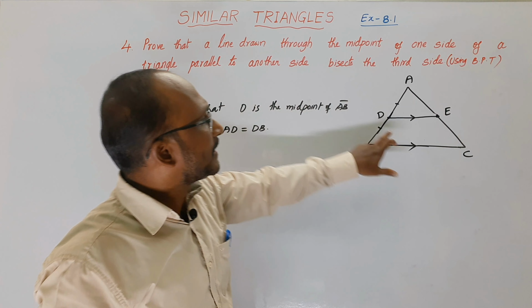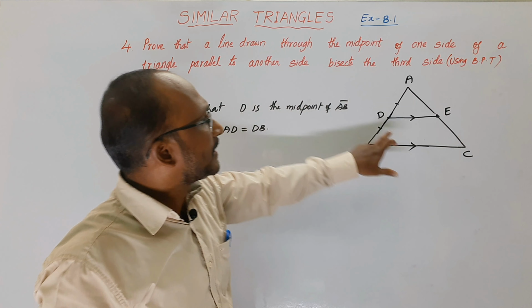Again, by the basic proportionality theorem, as DF is parallel to one of the sides of the triangle ABE, DF must divide the other two sides in the same ratio. So we can say that BD by DA is equal to BF by FE. This is the second result.